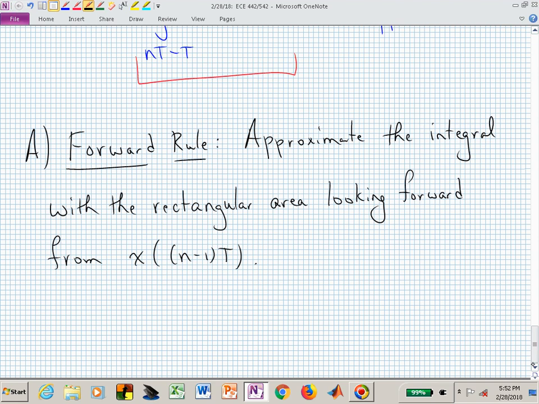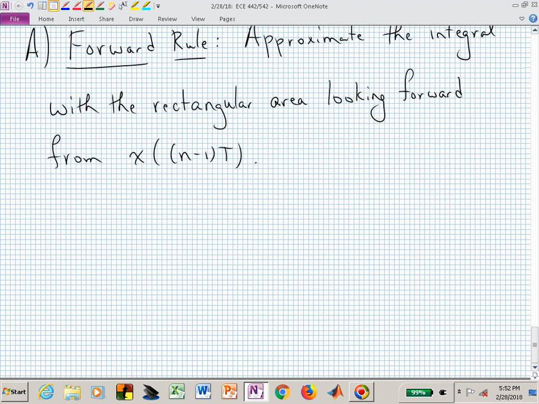In the forward approach, then, we're looking at doing this integral from nT minus T to nT of x of tau d tau. We're approximating that with the rectangle that's given by T, that's the width, times the height, which in this case is the height at time n minus 1 capital T, and we're looking forward in time.